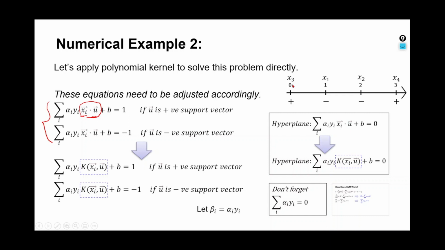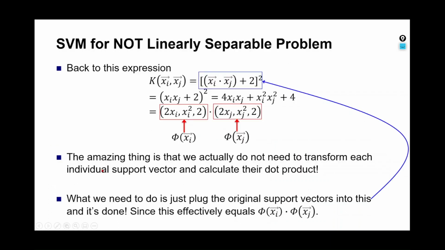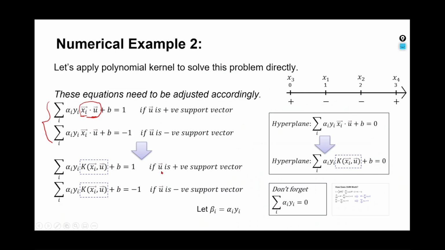We are going to introduce this kernel function k(xi, u), basically applying our kernel function over here. You can see the change is only in this dashed blue rectangle. This is also the same condition when u is pointing to a positive support vector, and the second equation is when u is pointing to the negative support vector.